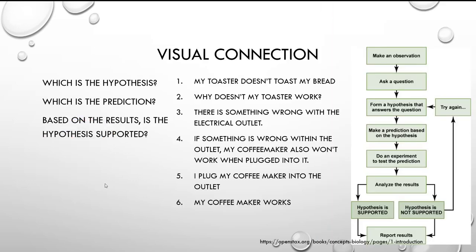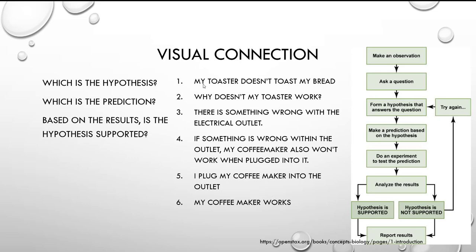All right, so here is a visual connection question. Here we have a scenario, and we're going to try to figure out which is the hypothesis, which is the prediction. I can't tell if it's in order. It says which is the hypothesis, which is the prediction, which is based on the results.